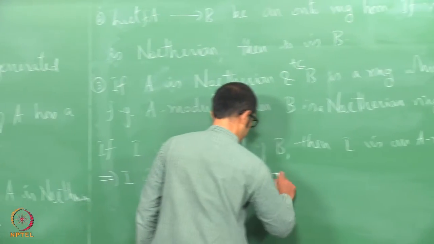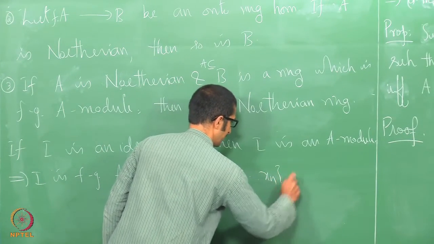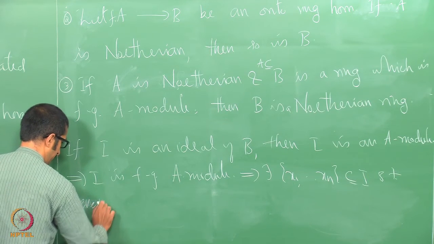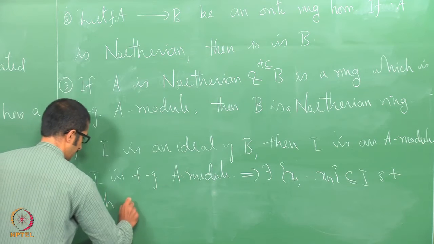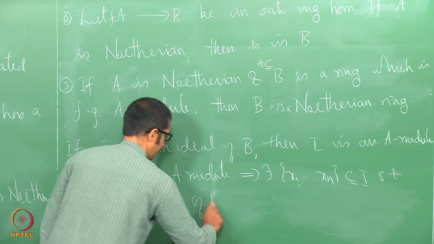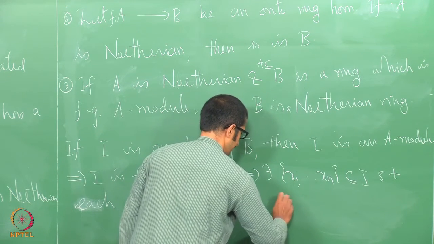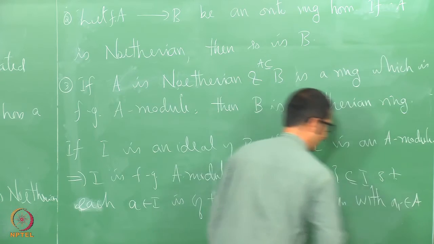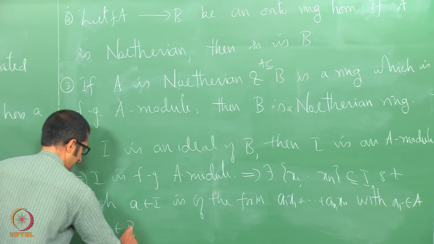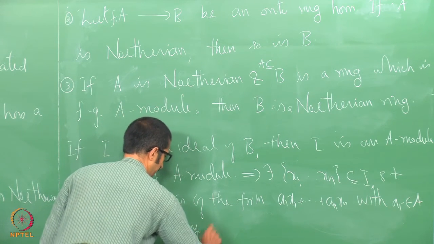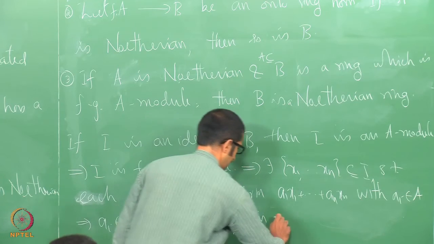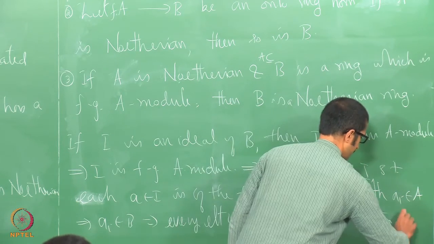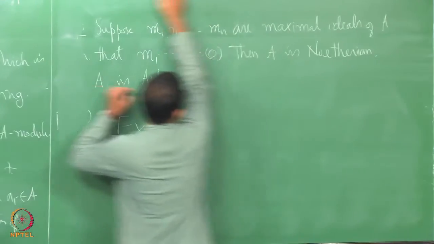Each element in I is of the form a1 x1 plus etc. plus an xn with ai in A, which implies ai's are in B, and that implies every element of I is a B linear combination of this same set x1 up to xn.